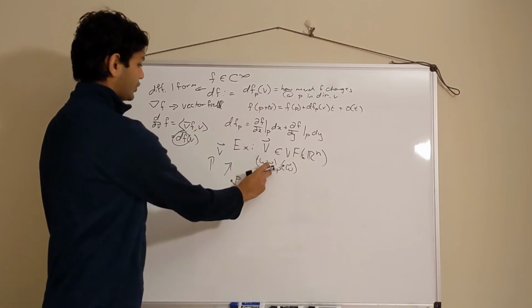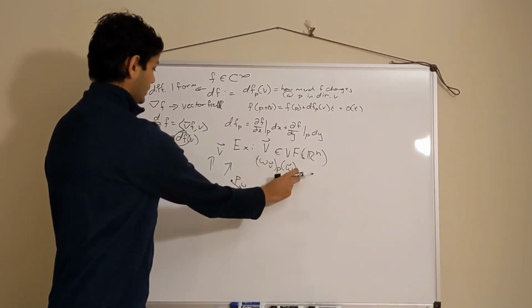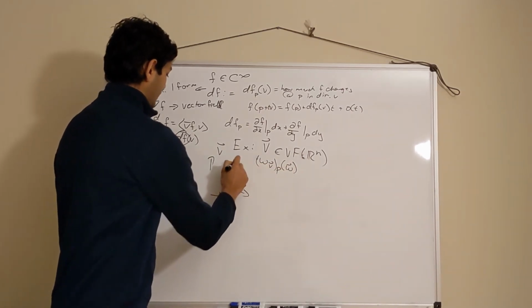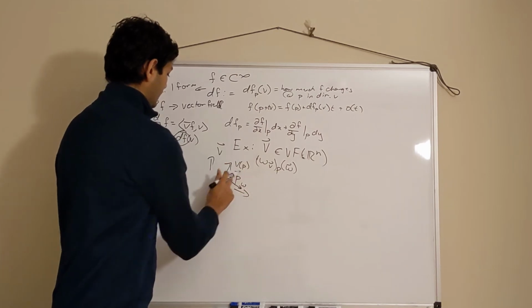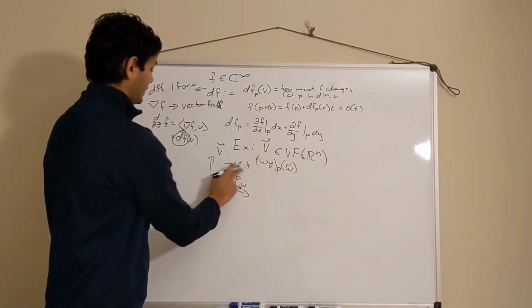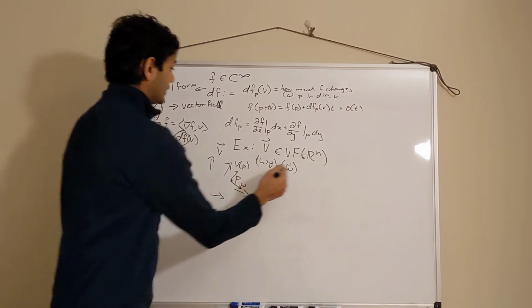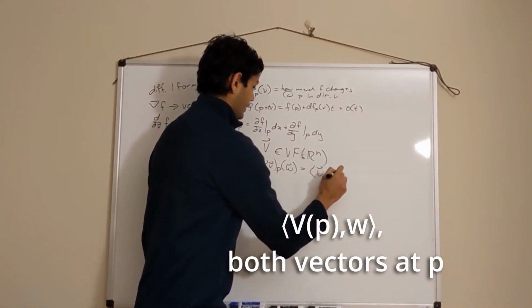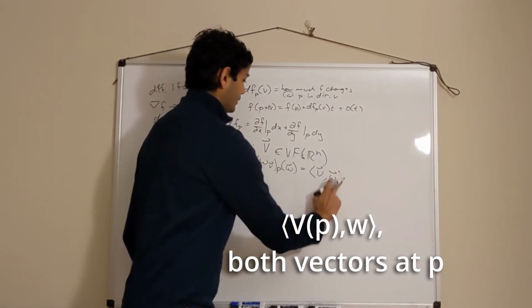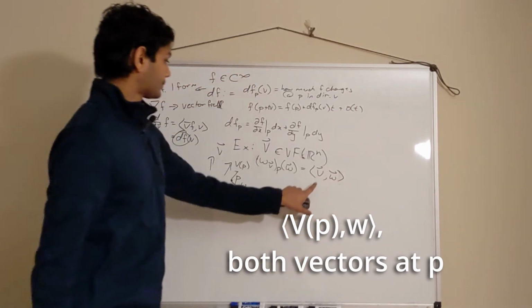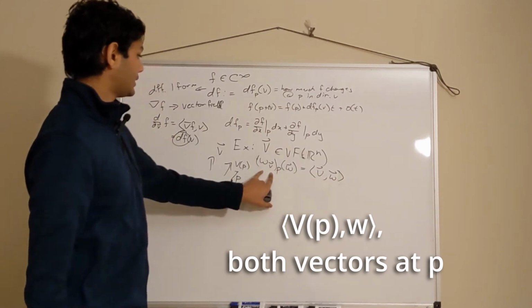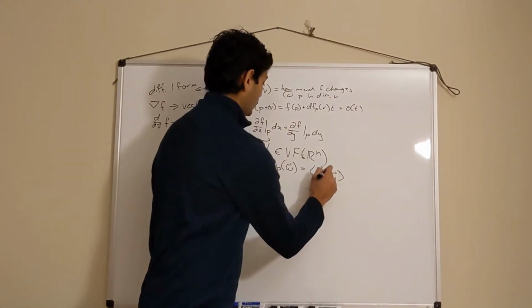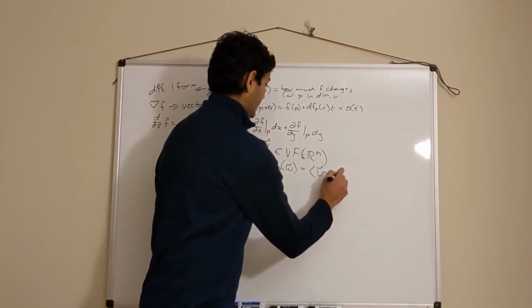Then the way that we're going to define this one form at the point P on the vector w is to say that if this is v of P, the vector at P defined by this tangent vector field, then this is just going to be the inner product of v comma w. So verify that if you have some vector field v, then this defines a one form as follows.